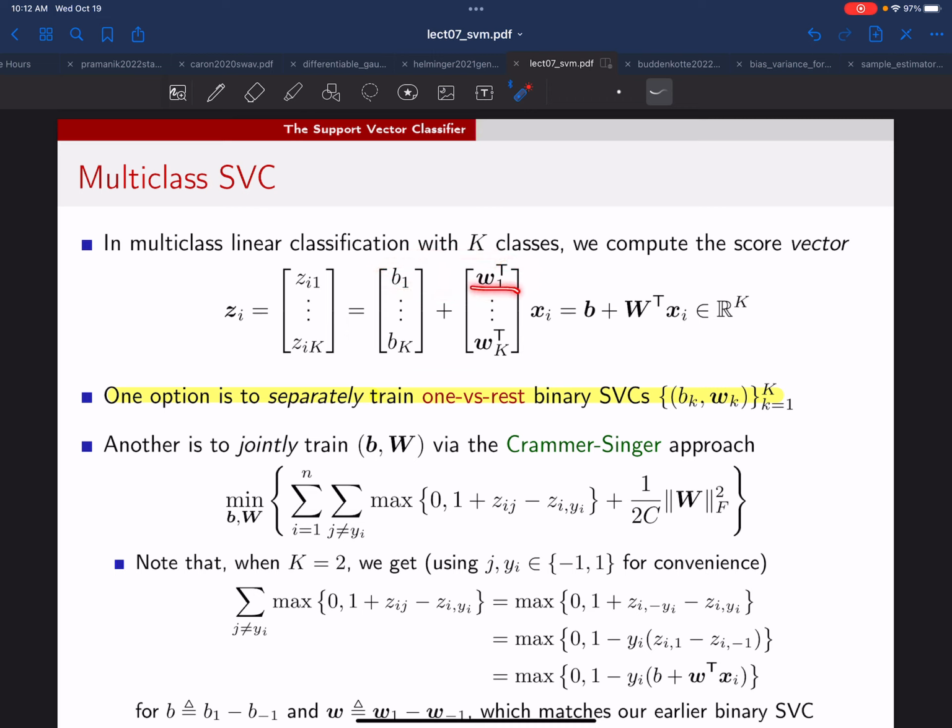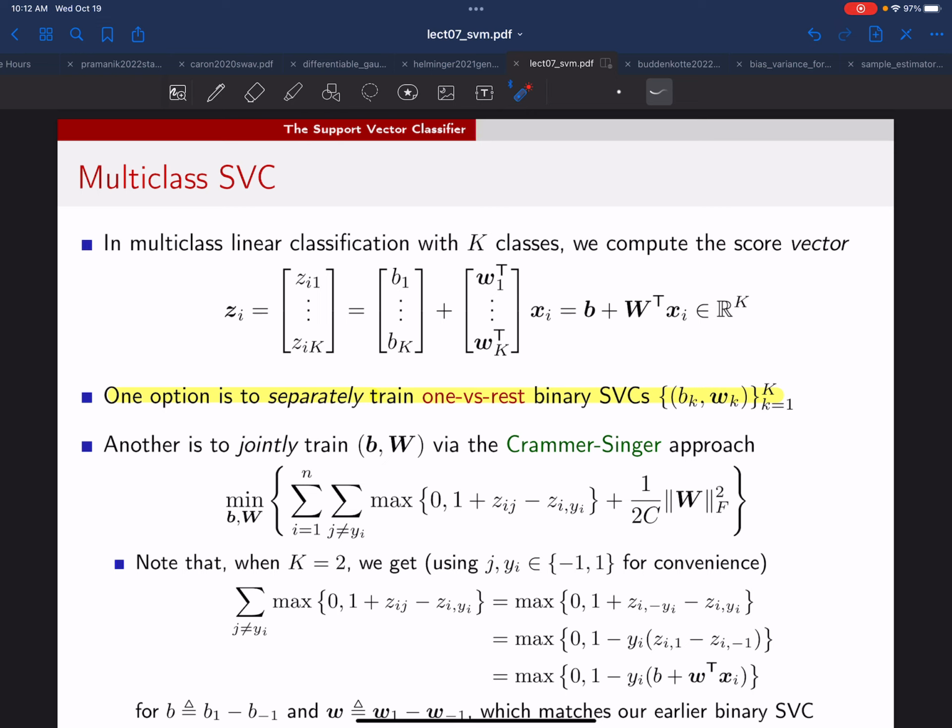Then we freeze those, and we think about B2 and W2 as another binary classification problem. We design them, freeze them, and so on. Eventually, we get all our parameters designed, but they're not designed jointly. They're designed separately in each one of these pairs.